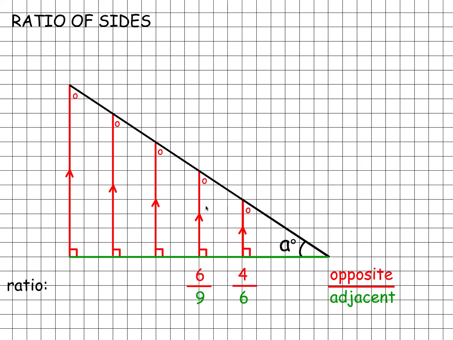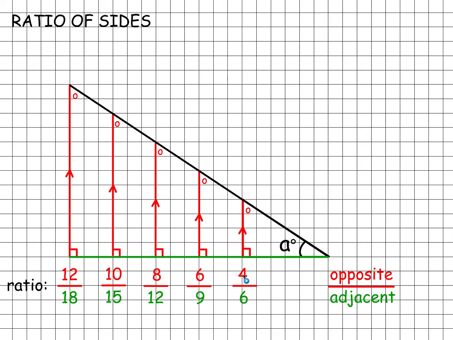The next one, that's in the red line 6 boxes, and along this green side is 9 boxes. 8 in the red boxes, 12 in the green boxes. 10 for the red line. This green side is 15. In the final case, the red line is 12 boxes, and right along the bottom here, the green side is 18 boxes.